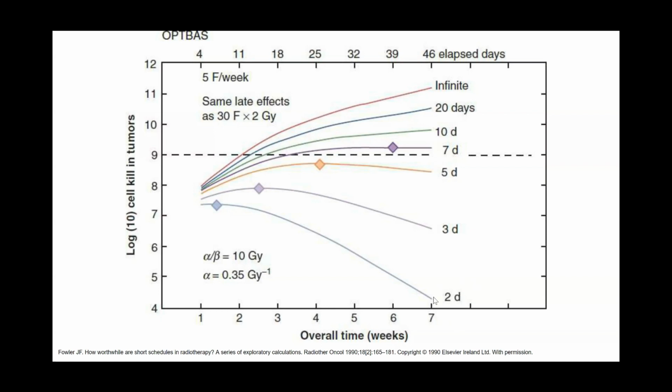If the tumor doubling time is just 2 days, they'll do better. But if it's infinite, that is a very slowly dividing cell or tissue, then the tumor's survival would be better. So you can see that there are a lot of factors on which your tumor survival and your tumor control probability depend.